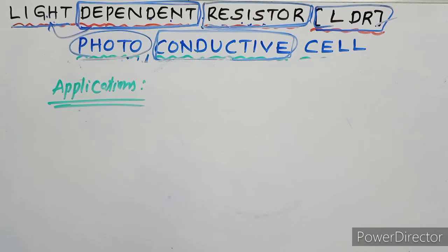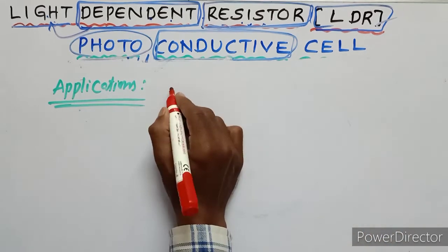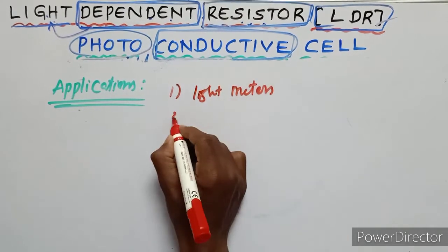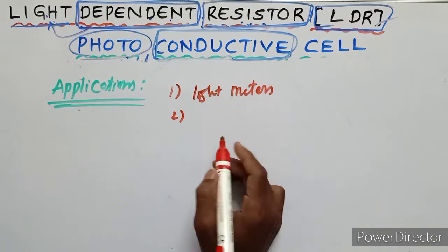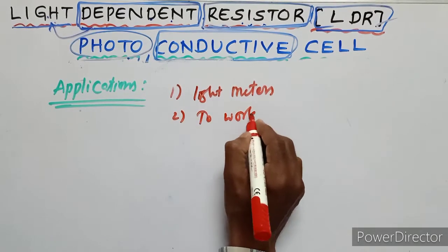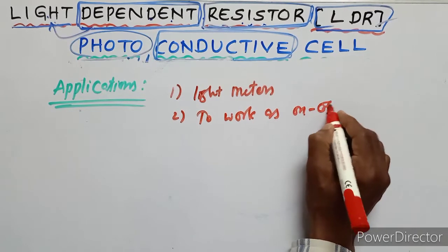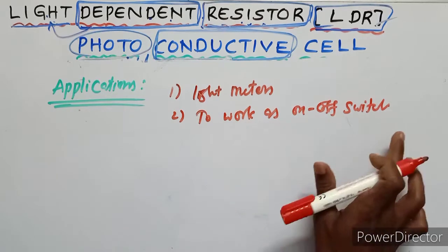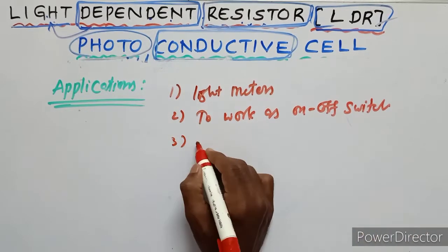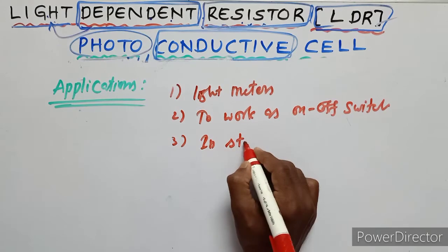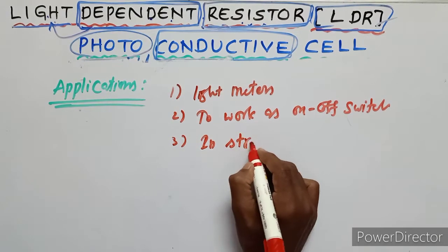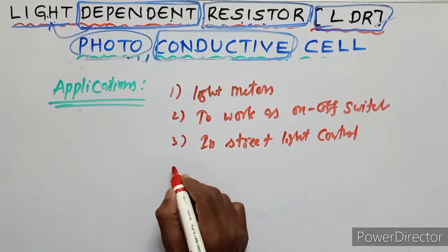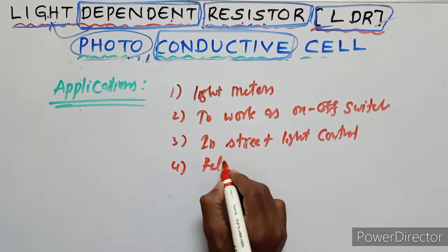Applications of LDR. LDRs are used in light meters. LDR is used to work as an on-off switch. LDR is used in street light control. LDR is used in relay control.